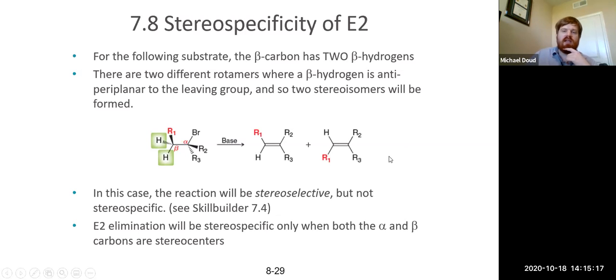It may be selective in one case. In other words, if you have one rotamer that's higher energy than the other due to gauche interactions or something like that, it's going to select the one that's more stable to react with. It's more likely to react with that one, but you're still going to get a mix of the two products. Again, it's only going to be stereospecific when both alpha and beta are stereocenters, like what we saw in the previous example.